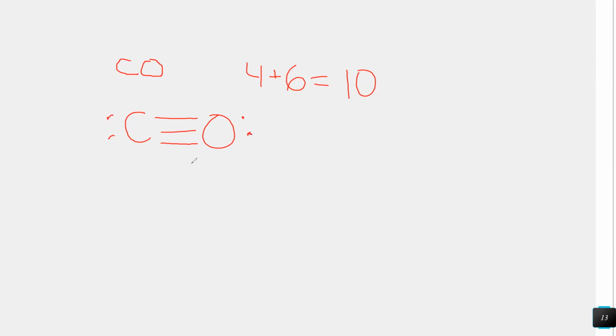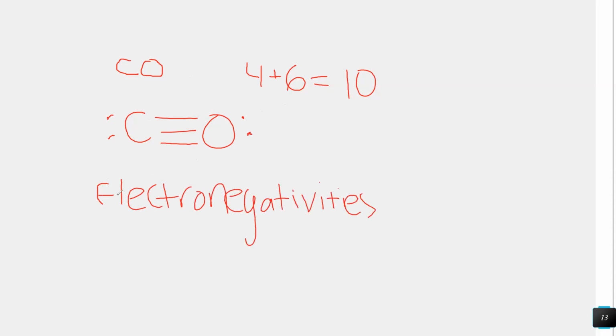However, this is still a polar molecule, and that is because we refer to the electronegativities, which are just inherent properties of these atoms. So if you look at the electronegativity of oxygen, you see that it's 3.44. Carbon is 2.55.